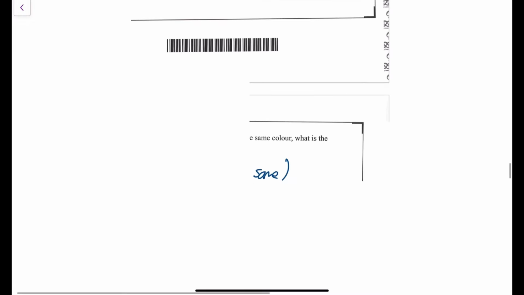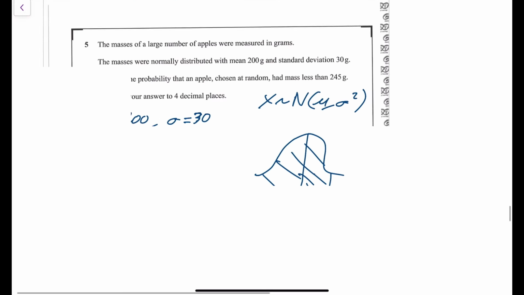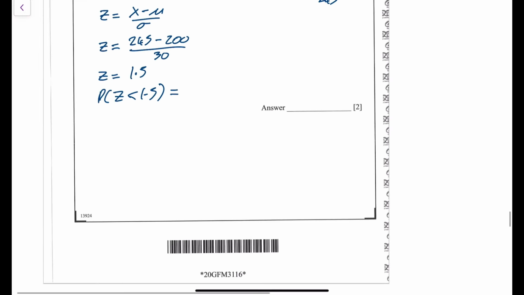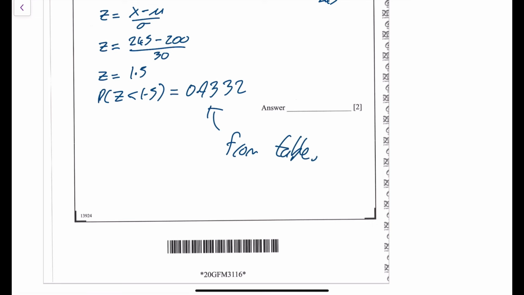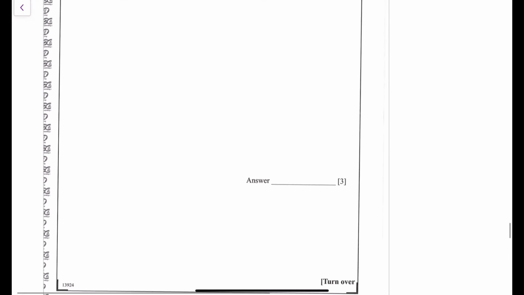Right, let's get back to the end here. Okay, and there we are. It was 0.9332, and again, just so we remember, that was from our tables, and that was the answer. 4 dp's, lovely.